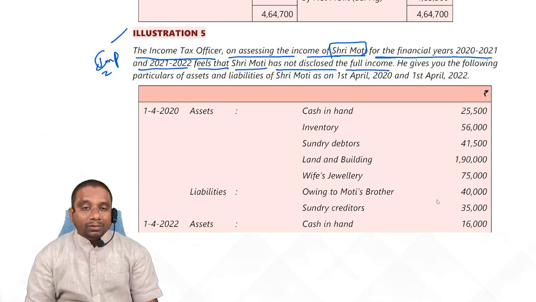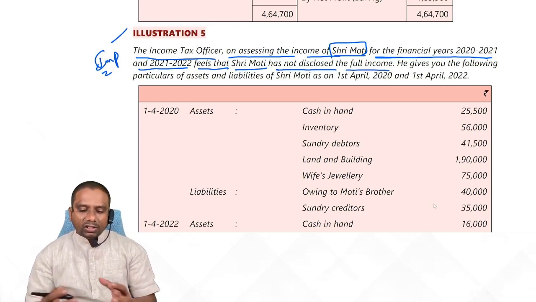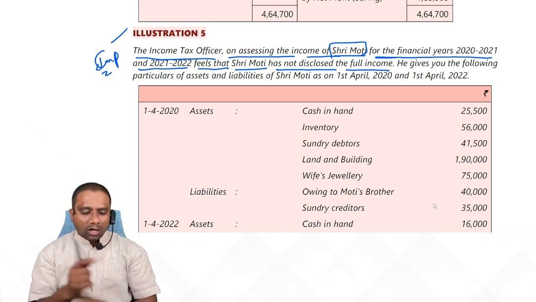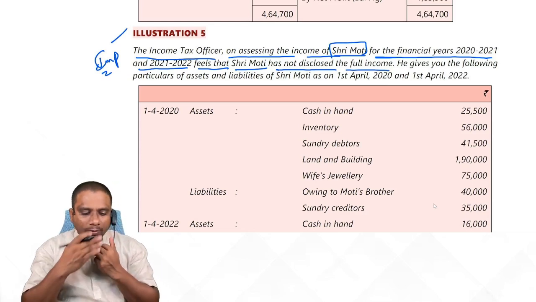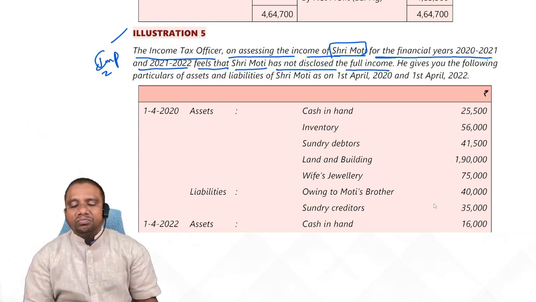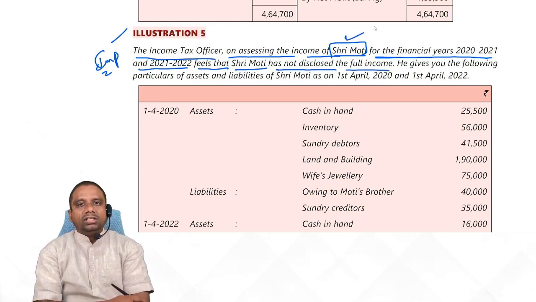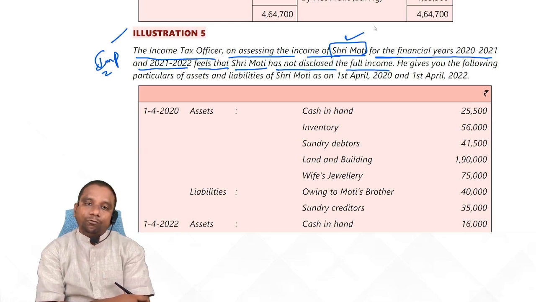So here the income tax officer is asking you to prepare a statement of affairs. They ask you to calculate profit or loss. How? Because the assessing officer felt that the income shown by Sri Moti is not disclosed fully.